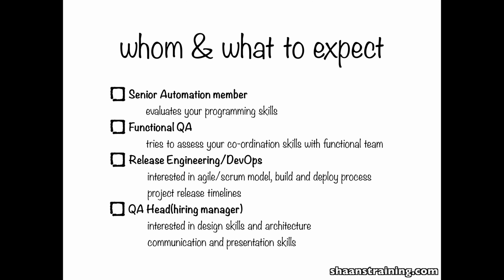And then the functional QA. Functional or manual QA are really well respected. They know exactly how the application or workflow works from end to end. Typically a functional QA tries to understand your coordination skills, how you, as an automation team member, can coordinate with the functional team members.